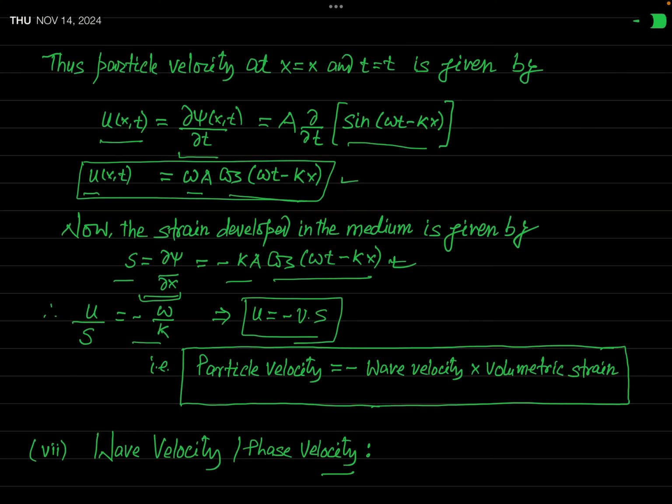It is a most important result which relates the wave velocity and the particle velocity. So you can see particle velocity is equal to minus wave velocity times volumetric strain. When you multiply the wave velocity by the volume strain with a negative sign, then you get particle velocity. This is a most important result.